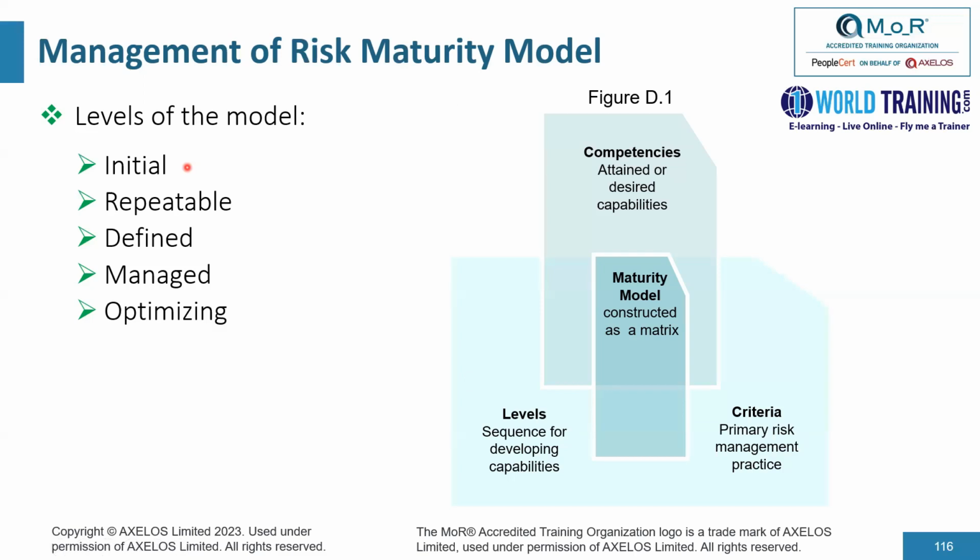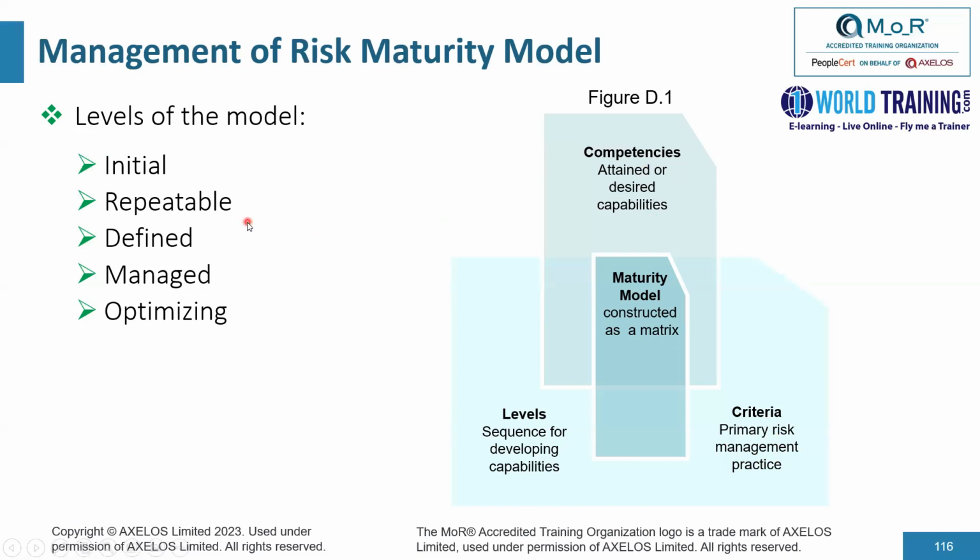On this particular slide, you have an example of the levels of maturity that one could assess. The primary or basic level is called the initial level. Level 2 is repeatable. Level 3 is defined. Level 4 is managed. Level 5 is optimized. So these are the levels that can really help in terms of understanding. Under each of the levels, we use certain criteria to assess the risk management practice, and we make sure that we move from one level to another level of competency.